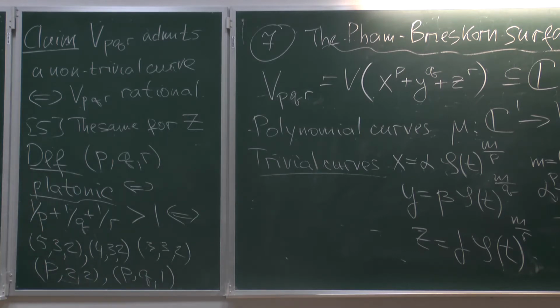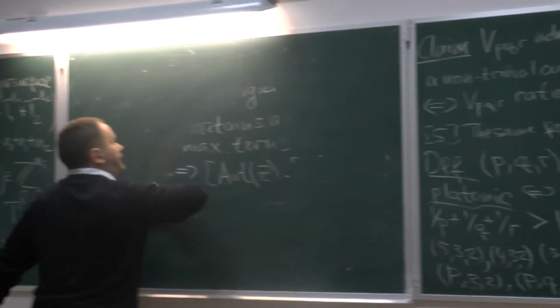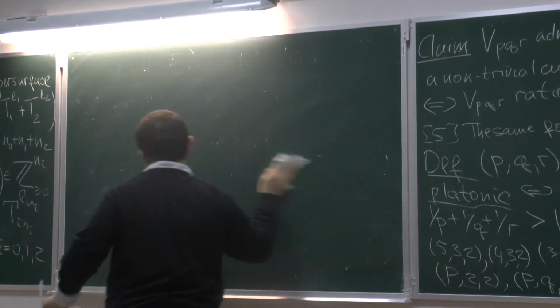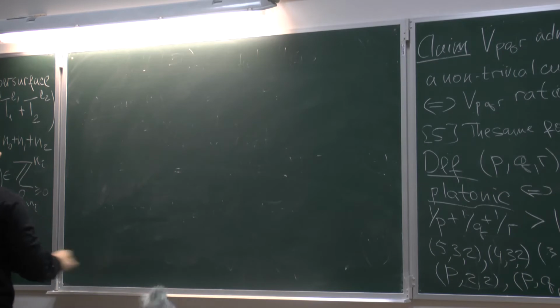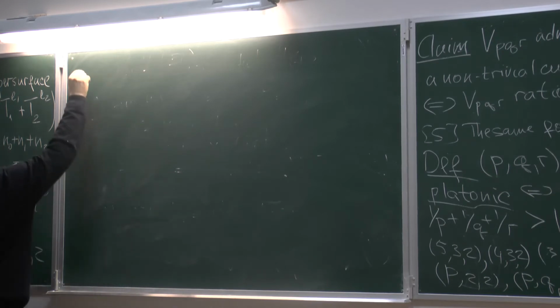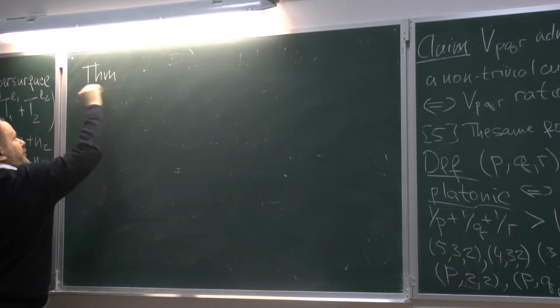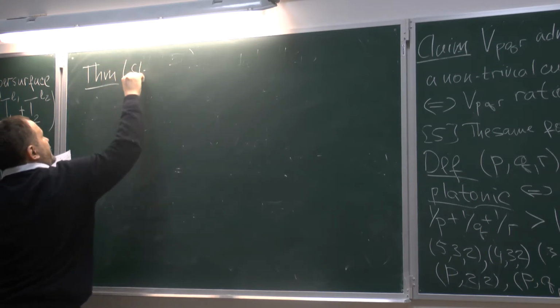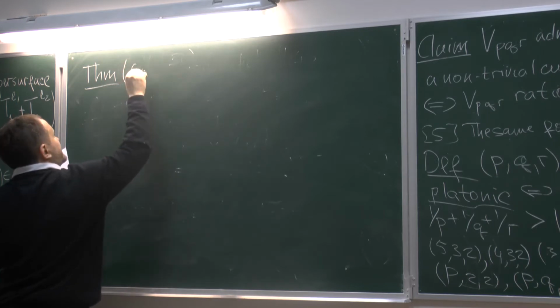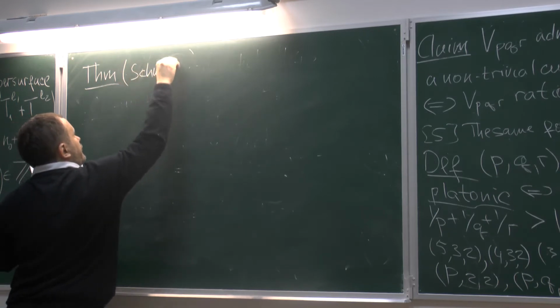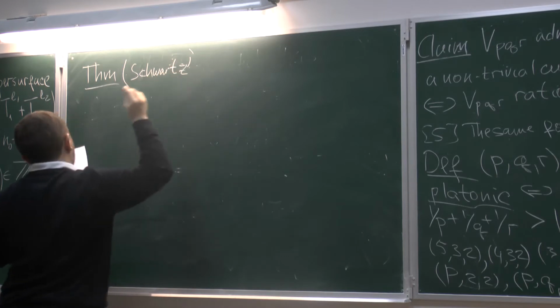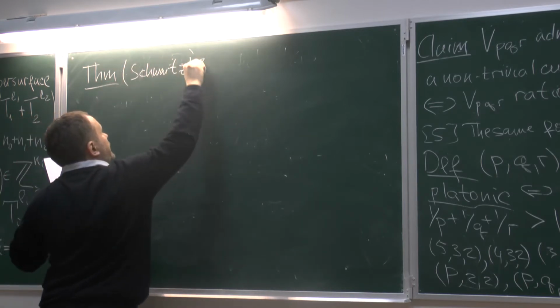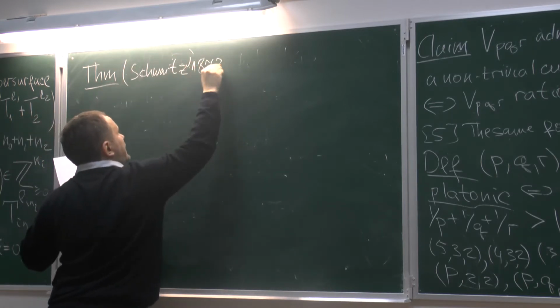Okay, why do I need such Platonic triples? Next claim, let me call it a theorem, because this is really classical. It was published first in one direction by Schwarz in 1873.